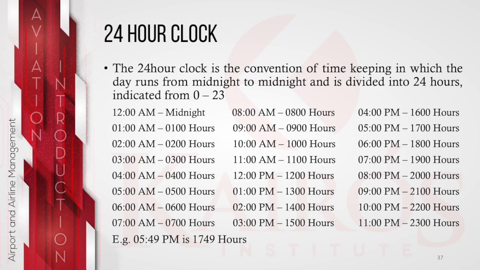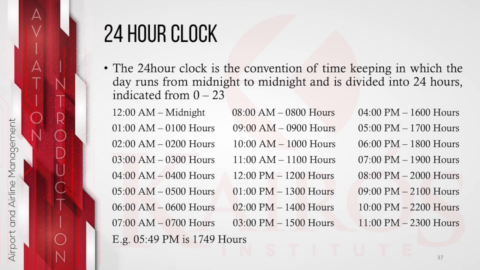For 12 a.m., we use the word midnight. For 1 a.m., we say 0100 hours. For 2 a.m., we use 0200 hours. For 12 p.m., we say 1200 hours. For 1 p.m., we use 1300 hours.